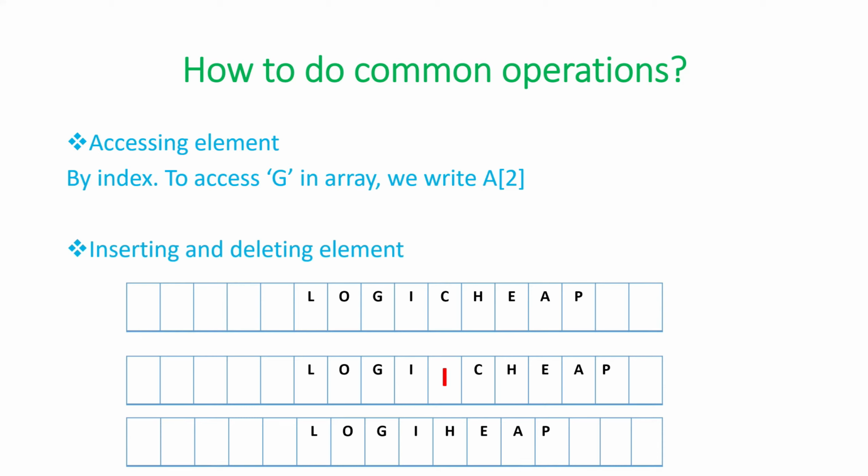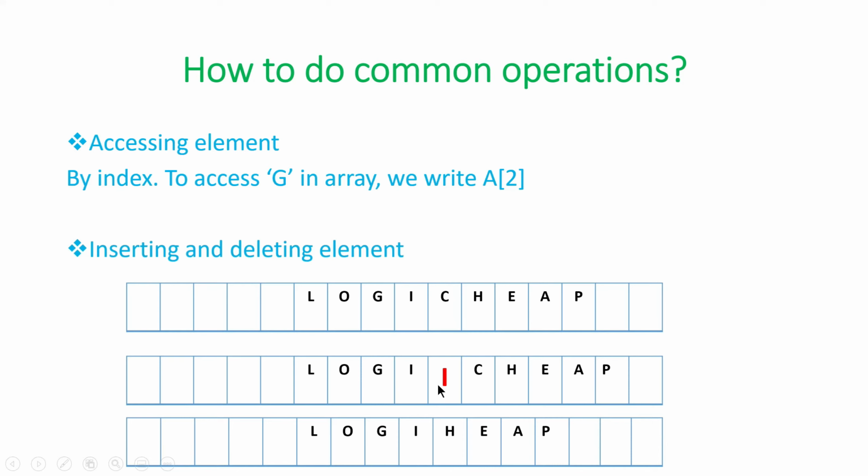Now if you want to insert an element at the end of your array, no issues. There must be space. If there's space, you will be able to insert it. If you want to insert something in between your array, so see here, the second array that I'm showing you, here I want to insert another I after the I, right?